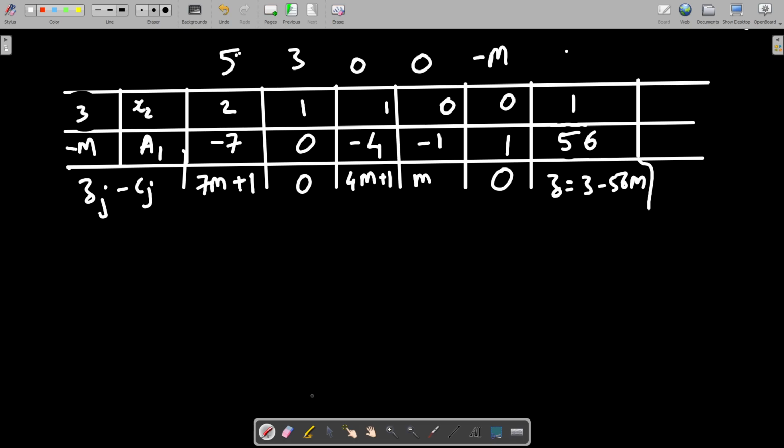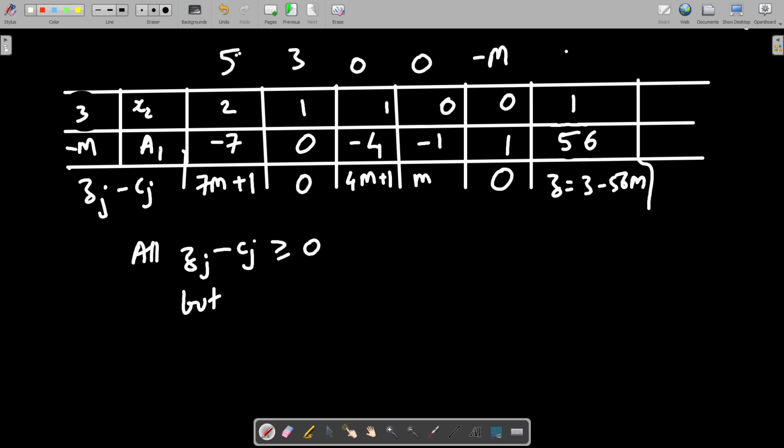Here what we have is all zj minus cj greater than or equal to 0, so you get a feeling that the optimum stage has been attained, right?